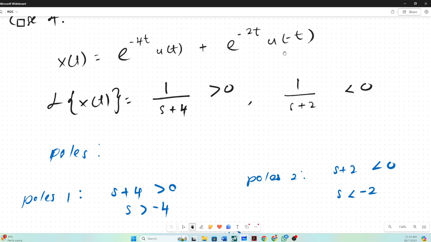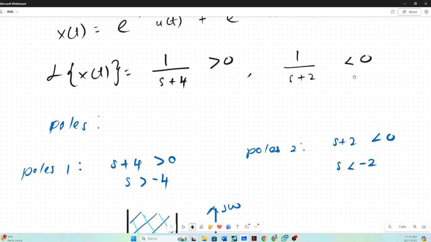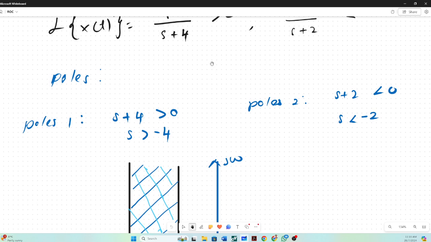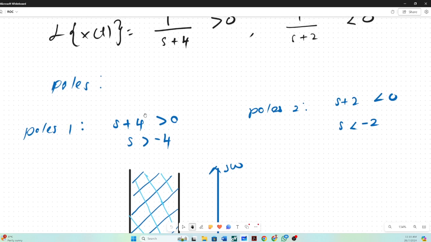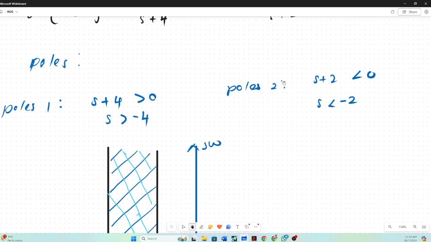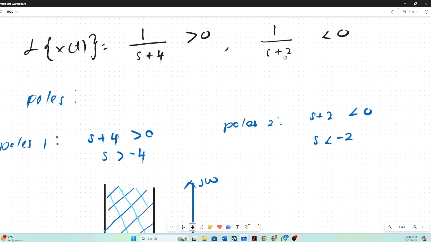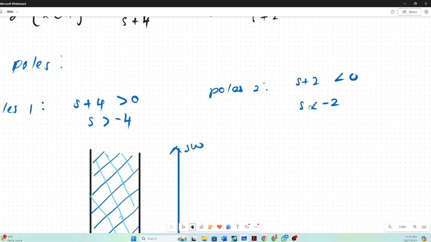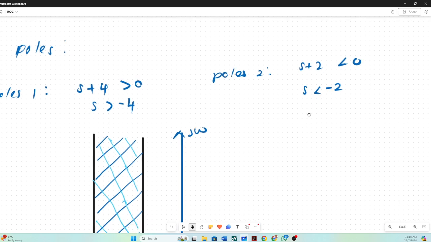The second element we can convert to 1 over s plus 2, and because this signal is on the left side, the ROC is less than 0. So for the first signal's pole, s plus 4 more than 0, so s is more than minus 4. For the second pole, s plus 2 less than 0, so s is less than minus 2.